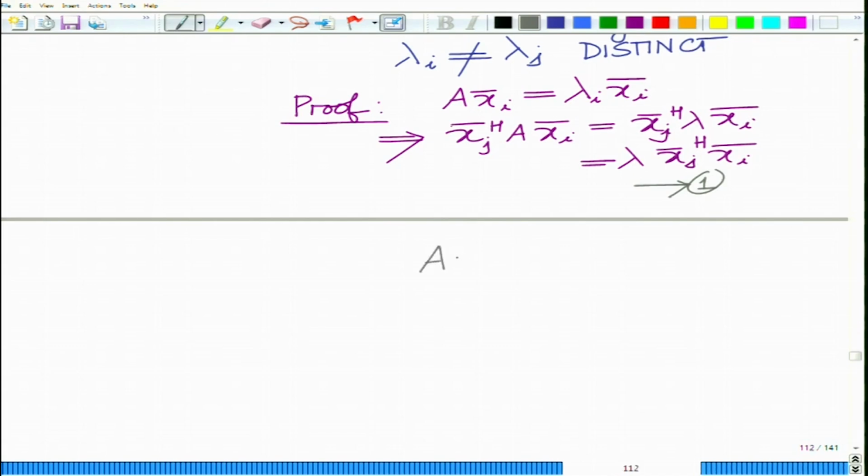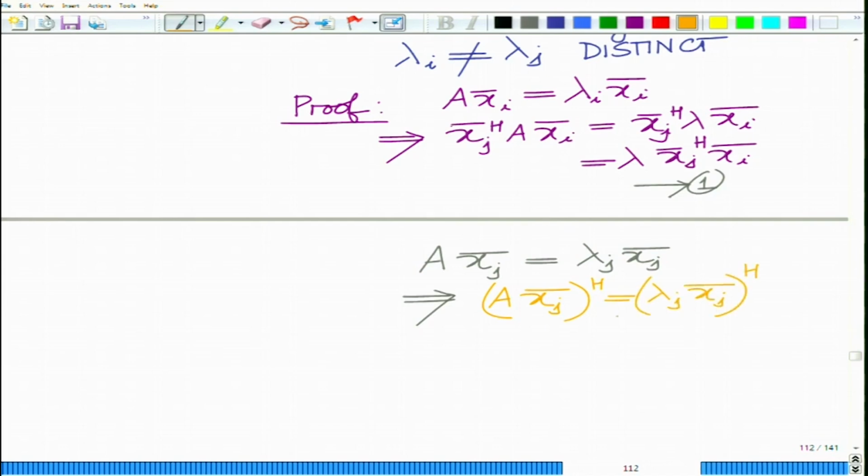Now, we also have xj bar is an eigenvector corresponding to the eigenvalue lambda j, which implies A xj bar equals lambda j xj bar. Taking the Hermitian, let us just write that one step: A xj bar Hermitian equals lambda j xj bar Hermitian.